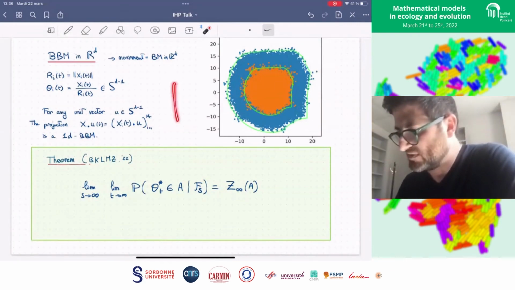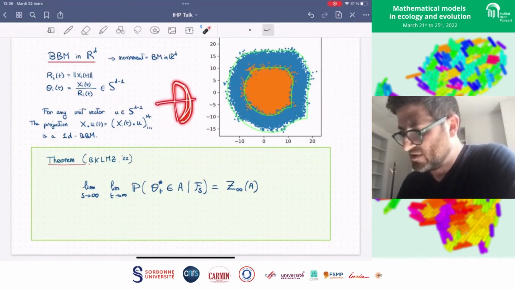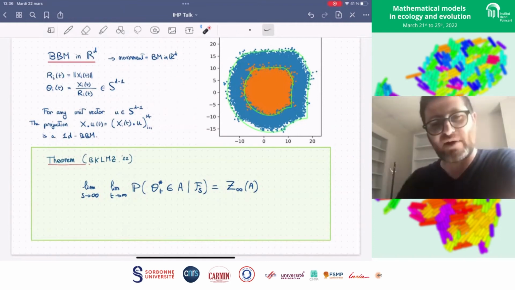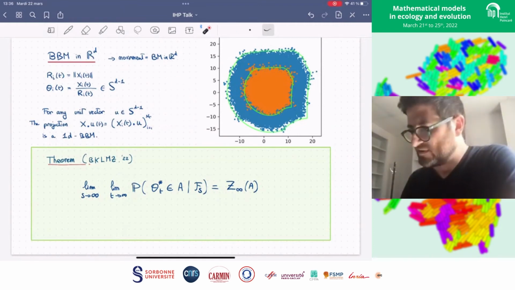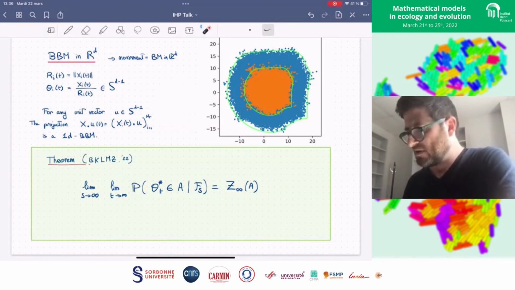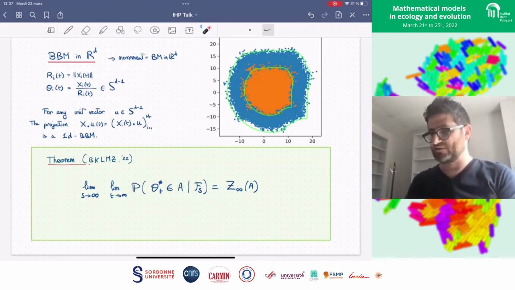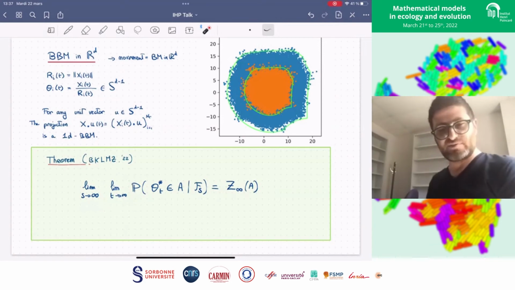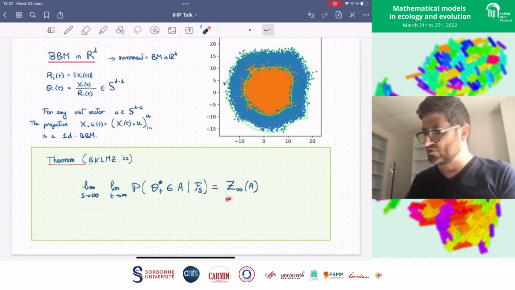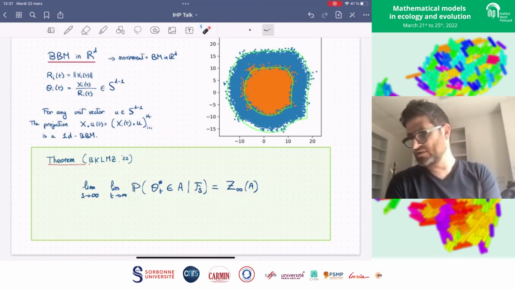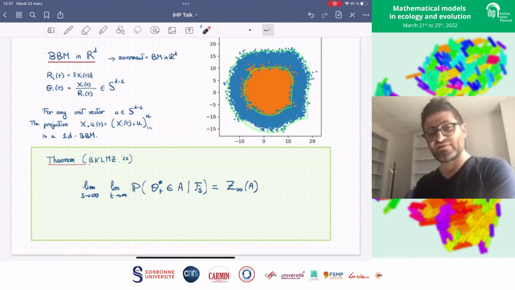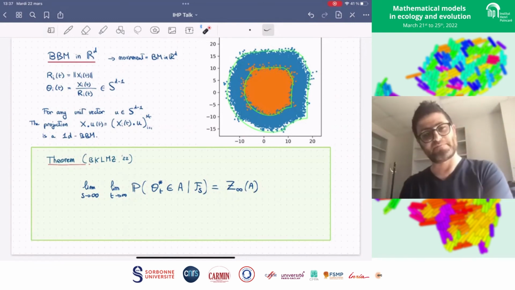So maybe you can think of A as being the set of directions to the right. Is it more likely that you will find your maximum direction to the right than to the left? Well, if you take first the limit in t to infinity, then s to infinity, a bit like in Mallein-Selke, this will converge to the Z infinity measure of the set A.